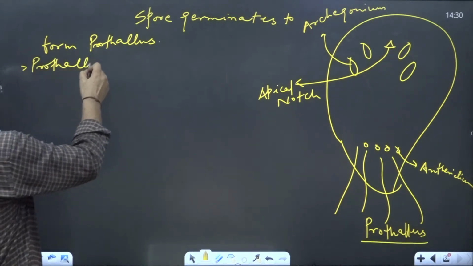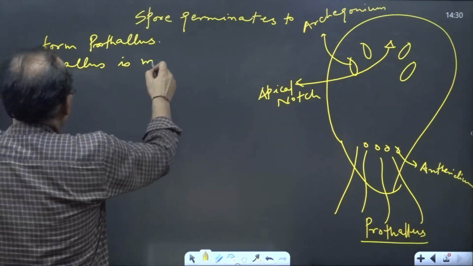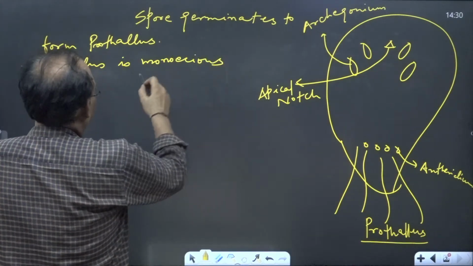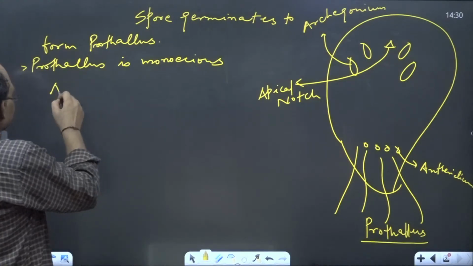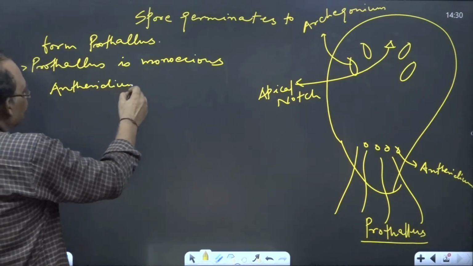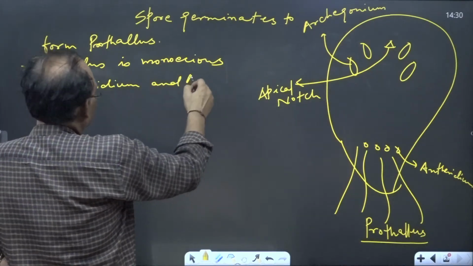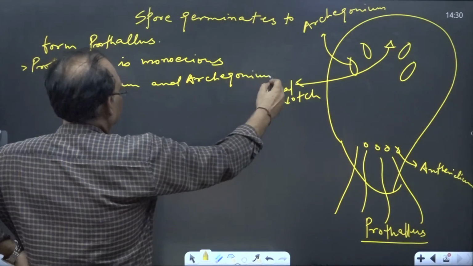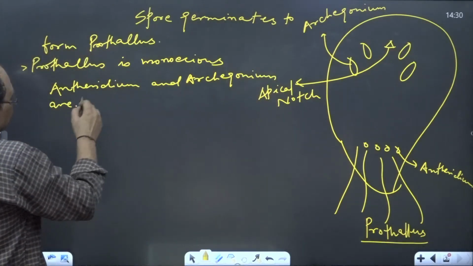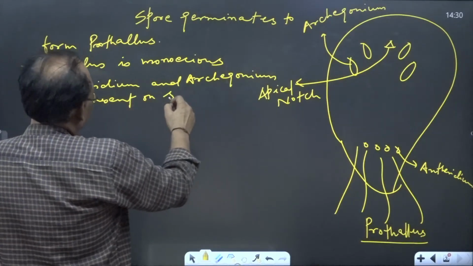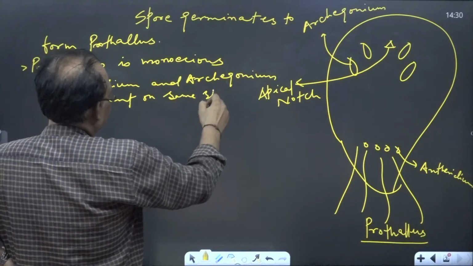Prothallus is monoecious, meaning antheridium and archegonium are present on the same structure, right?